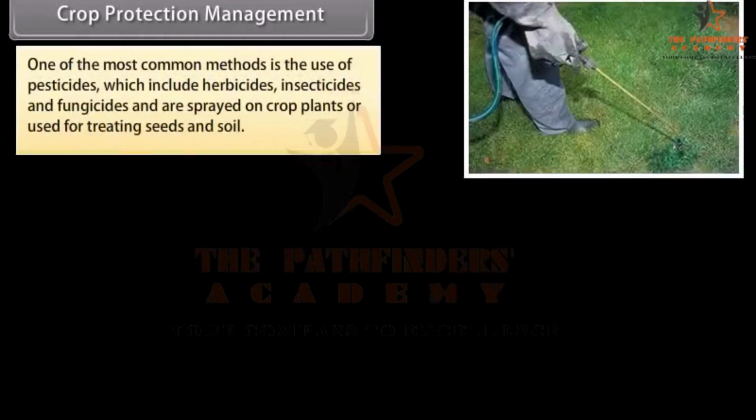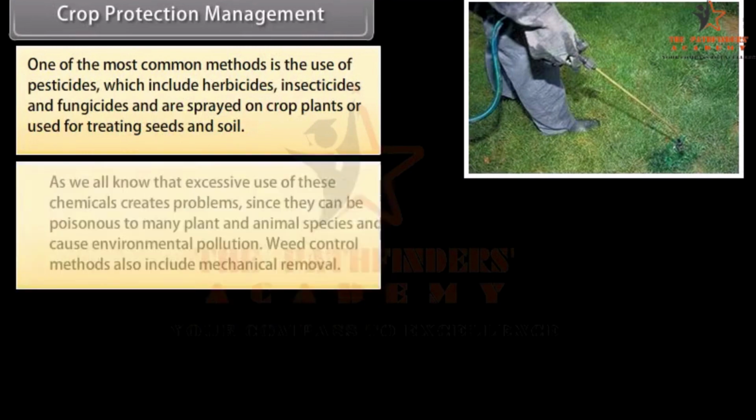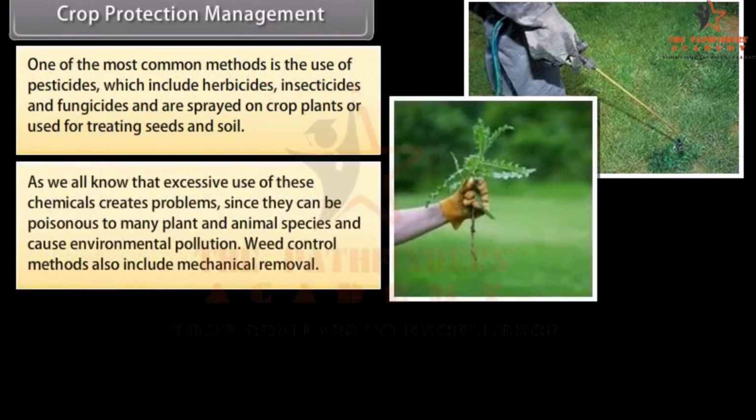One of the most common methods is the use of pesticides, which include herbicides, insecticides, and fungicides, and are sprayed on crop plants or used for treating seeds and soil. As we all know, excessive use of these chemicals creates problems, since they can be poisonous to many plant and animal species and cause environmental pollution.